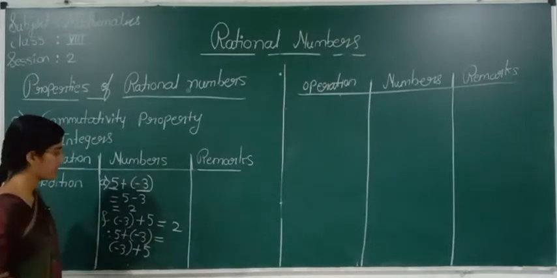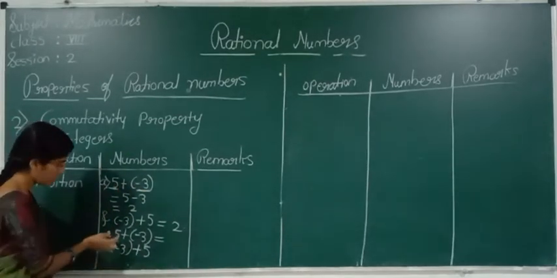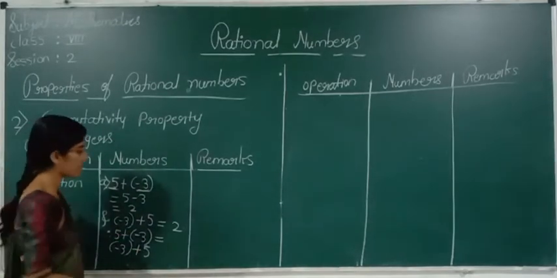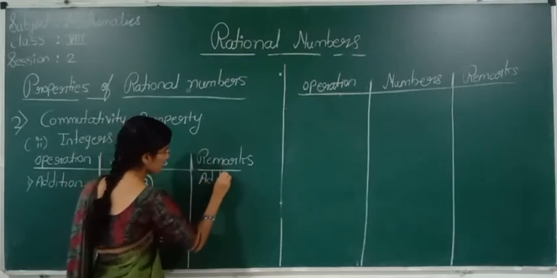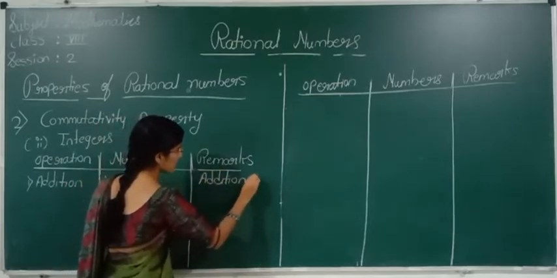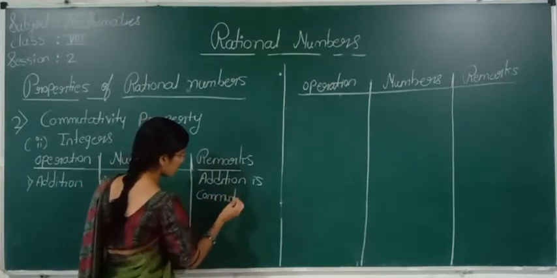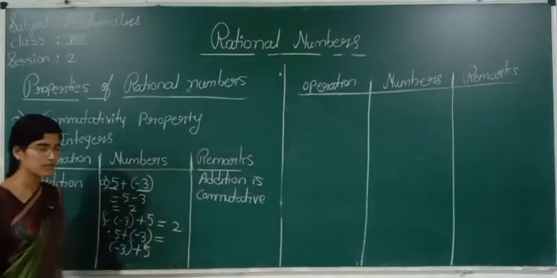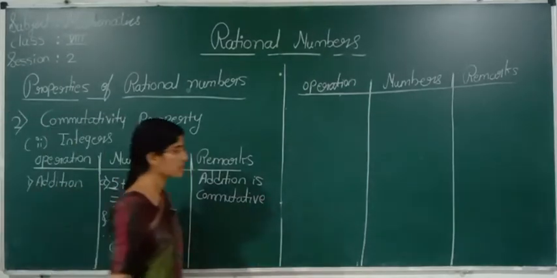In general, if a and b are two integers, then a plus b is equal to b plus a. What can we say? Therefore, addition is commutative for integers. Yes, addition is commutative for integers.